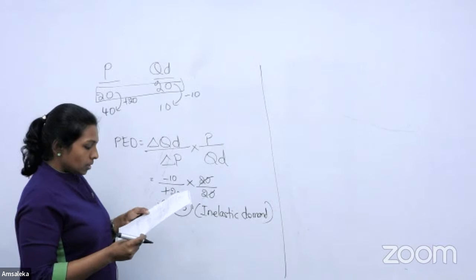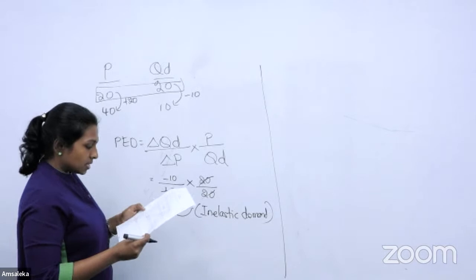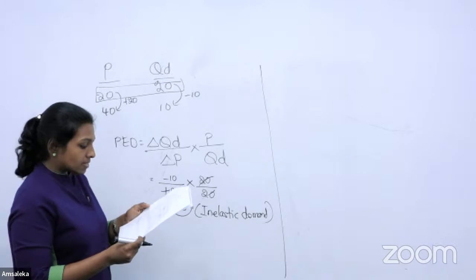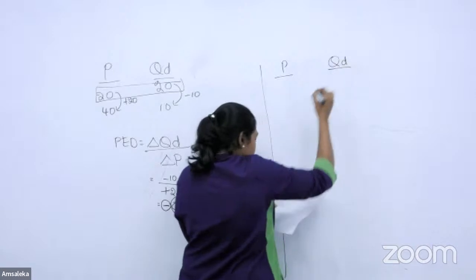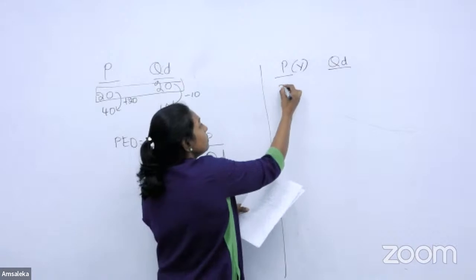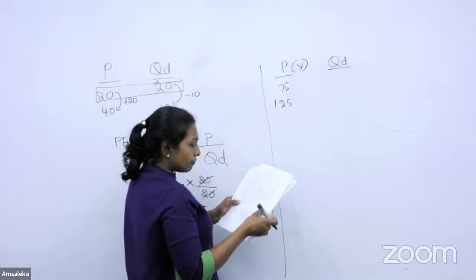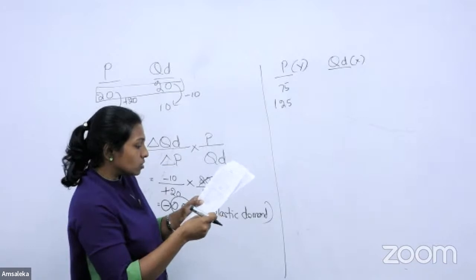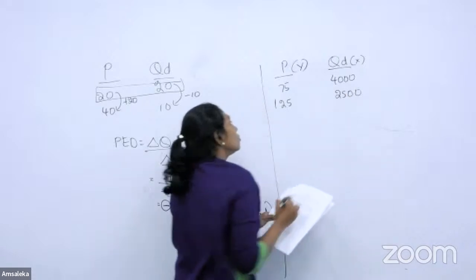Number 2: when the price of commodity Y increases, quantity demanded of X changes. Price of Y is given, 75 to 125, and quantity demanded of X is 4,000 to 2,500.